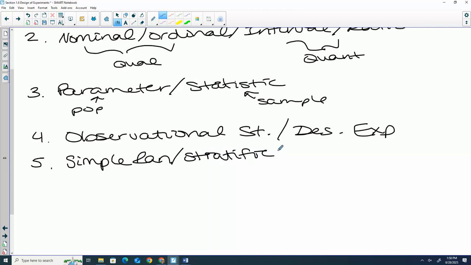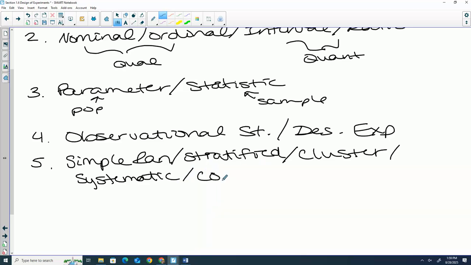Simple random is like giving everybody a number, picking a number. Stratified, you break them into groups and take a few from each group. Cluster, break them into groups and take an entire group. What's systematic? Every nth value, yep. And convenience? What's a convenient sample? What's easy? Okay, so far, doing okay with this?